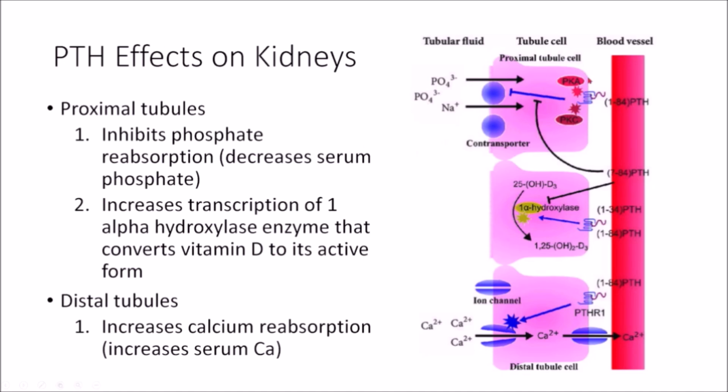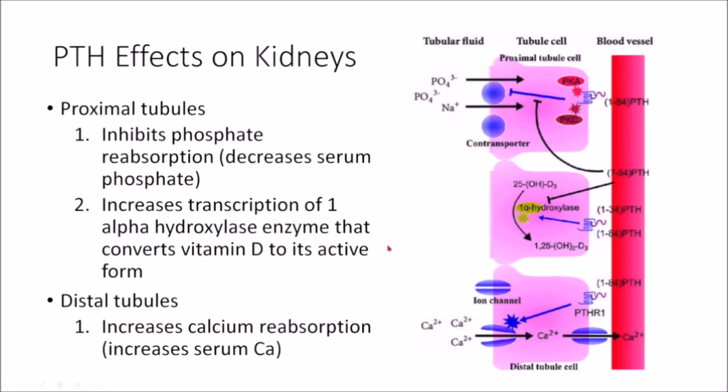When PTH binds to this proximal tubule cell, it will inhibit this phosphate and sodium co-transporter so that phosphate and sodium are not able to enter back into the blood. Obviously, if there's less phosphate in the blood, that means there's less phosphate able to bind to calcium, so more active calcium can be utilized.